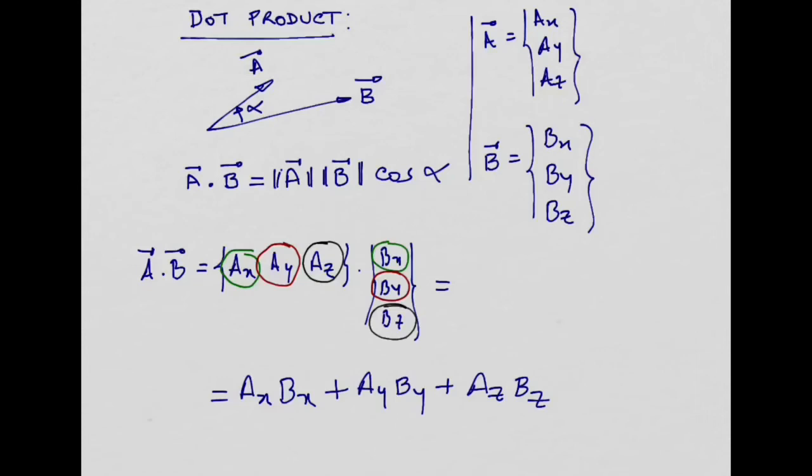Let's do a very easy one. Let's say this angle alpha is 90 degrees. So let's say I give you vector A, this one, and vector B, this one.